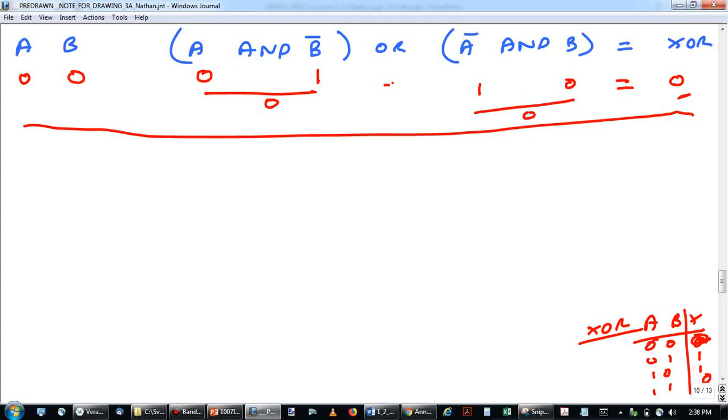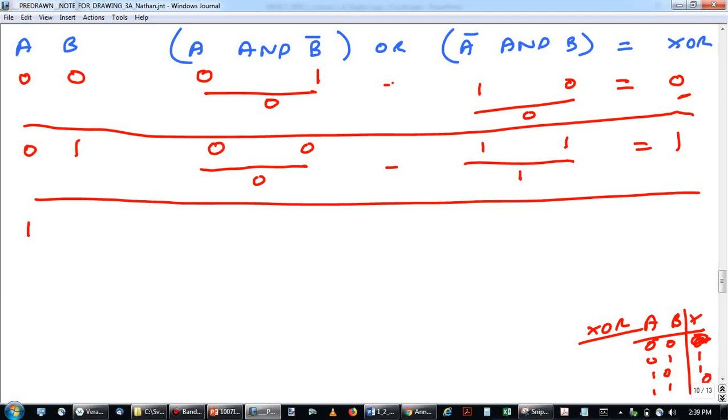That seems to be correct so far. What if my input A is 0 and B is 1? 0 and 0 is 0. 1 and 1 is 1. 0 or 1 is 1. 1, 0. 1 and 1 is 1. 0 and 0 is 0. 1 or 0 is 1.